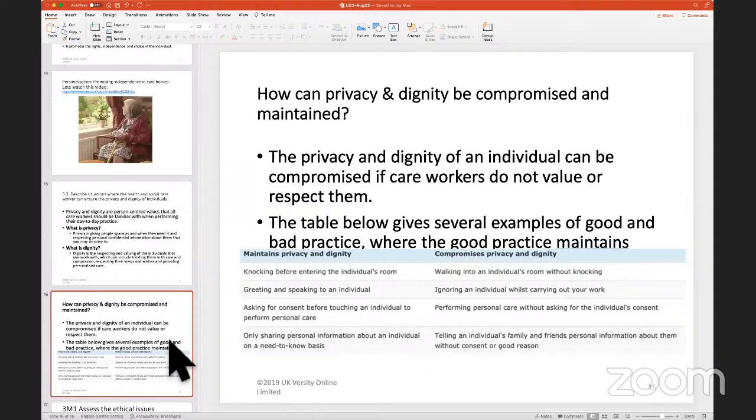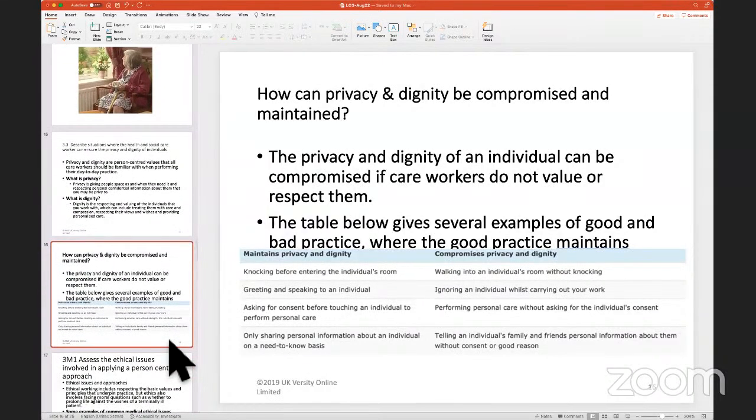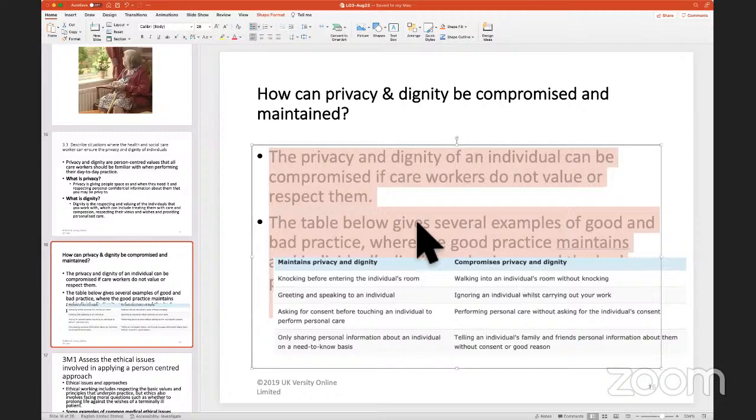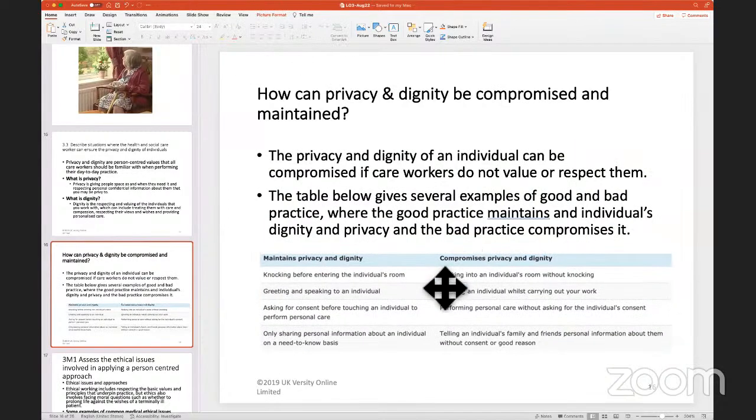And in this particular task, we have to look at how we ensure that dignity and privacy are not compromised.